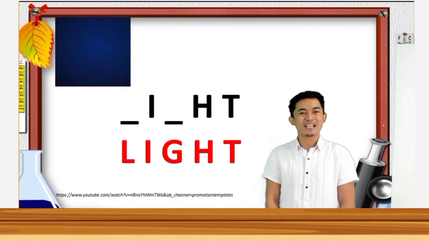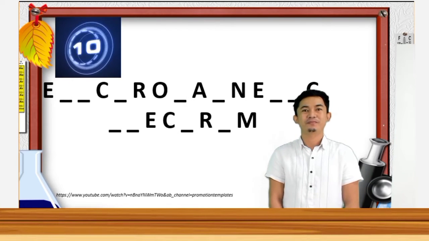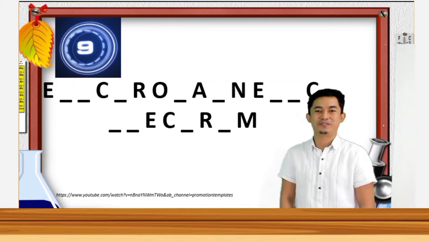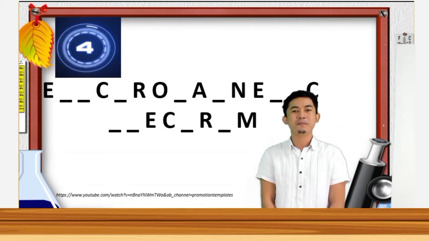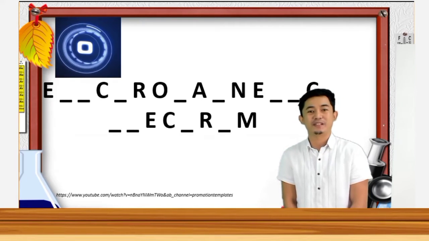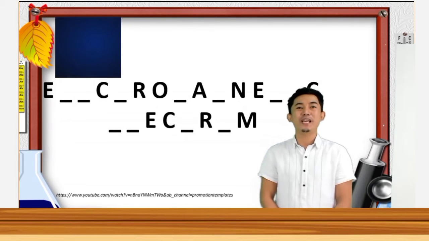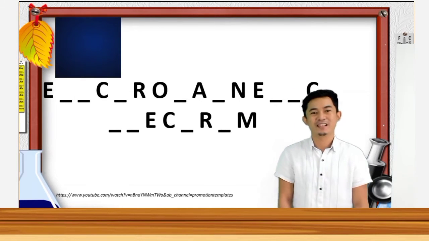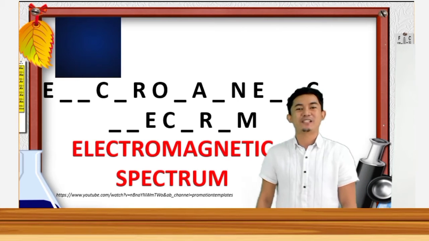Okay. Next, how about these words? Timer starts now. You already tackled that way back in your Grade 7. Okay, time's up. The correct answer would be, anyone? Okay, that is electromagnetic spectrum.